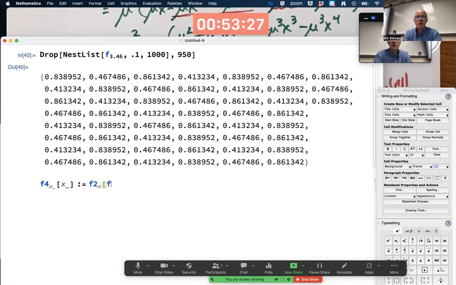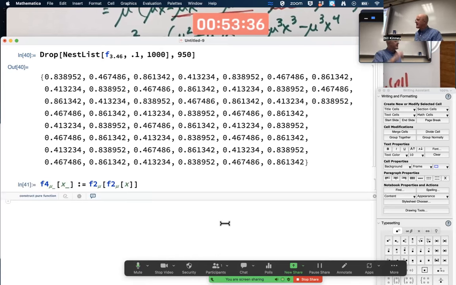So I'm composing F2 with itself. Fixed points of this would correspond to fixed points of the original function, period 2 points of the original function, and period 4 points of the original function.